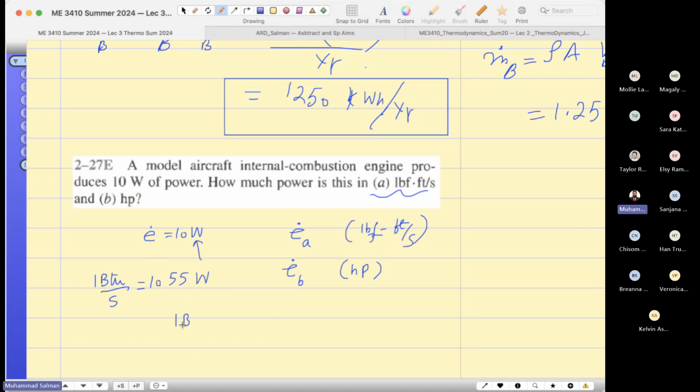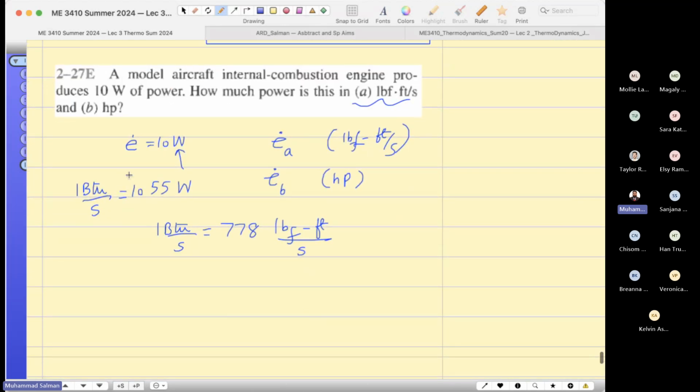And 1 BTU per second is also equal to 778 foot-pound force divided by second. These are the two units you need to convert from watts to foot pound per second, for part A. For part B, you need this conversion: 1 horsepower, how many watts? So these are the conversions which you need to go from one unit to another.